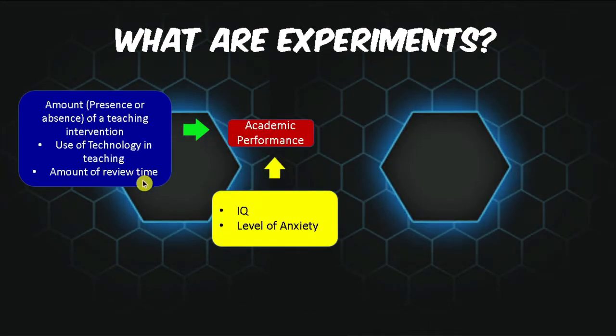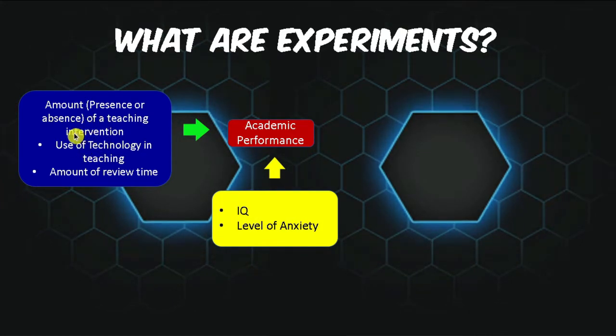Let us provide a very simple example of an experiment. My independent variable here is the presence or absence of a teaching intervention. So in this experiment, we want to know whether using technology in teaching improves the performance of our students.